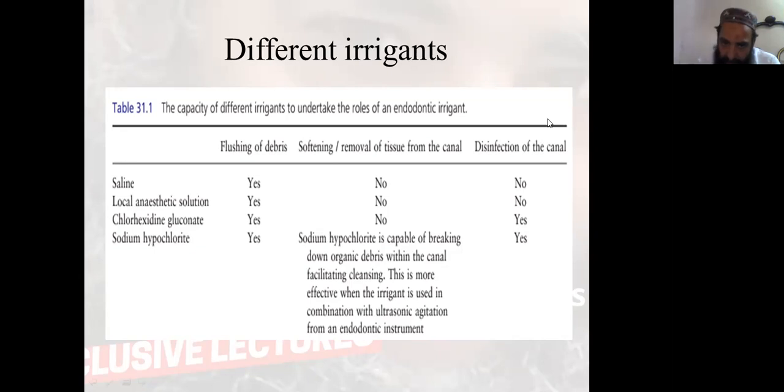Flushing of debris, yes. Softening, removal of tissue from the canal, no. Disinfection of the canal, no. Chlorhexidine gluconate. Flushing of debris, yes. Softening, removal of tissue from the canal, no. Disinfection of the canal, yes, because it is a disinfectant.